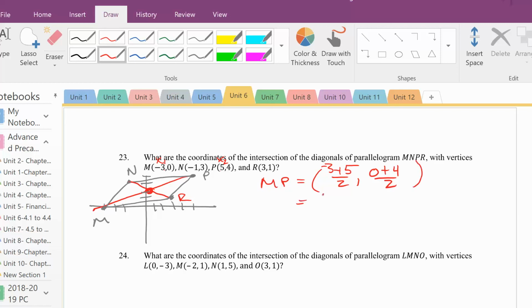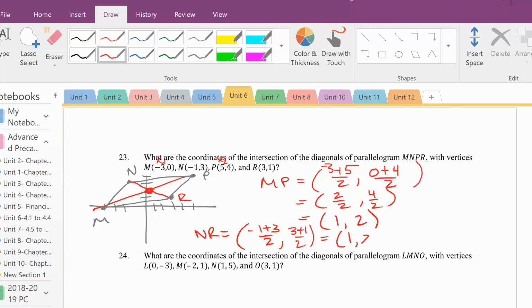So the midpoint would be 2 over 2, comma 4 over 2, which would be (1, 2). And if you did the same thing for NR, the midpoint, -1 plus 3 over 2, and 3 plus 1 over 2, notice it would give you the same thing. So the intersection of the diagonals is (1, 2).